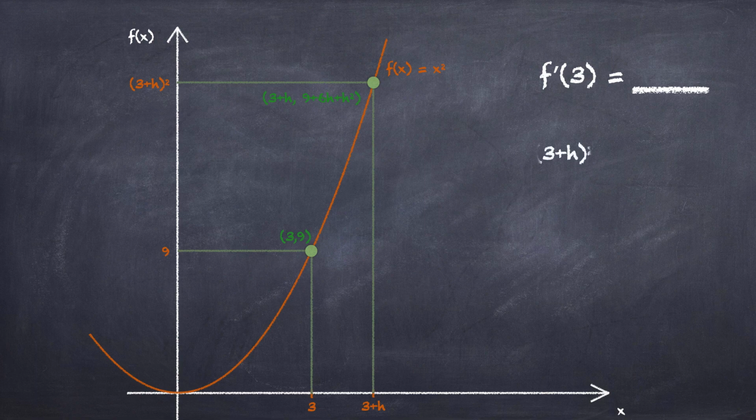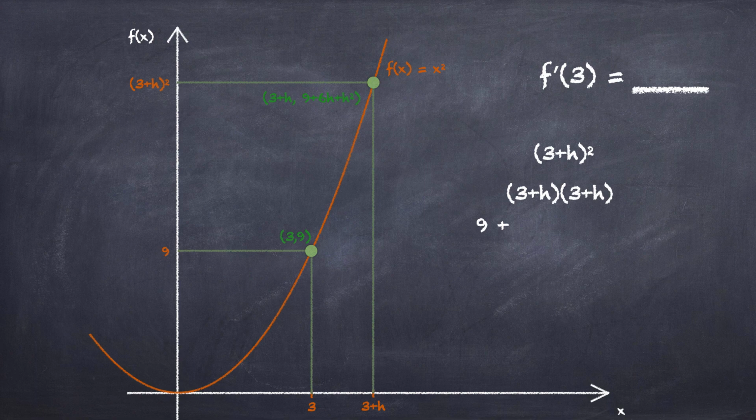So 3 plus h squared. We can expand this, right? This is going to be 3 plus h times 3 plus h. Let's use FOIL. First, 3 times 3, 9. Easy. Next, outer, right?